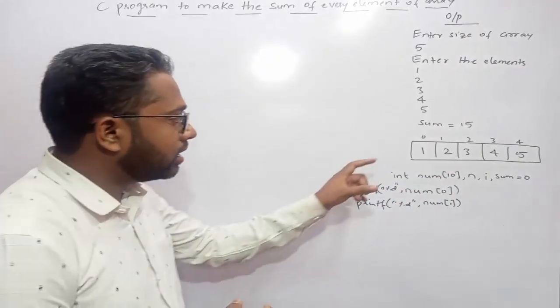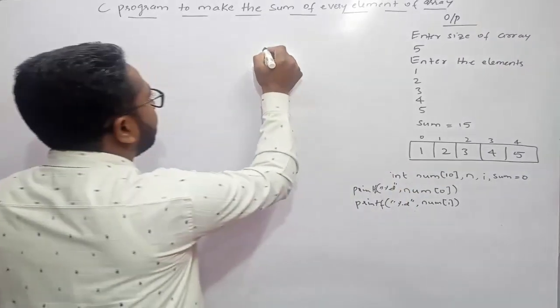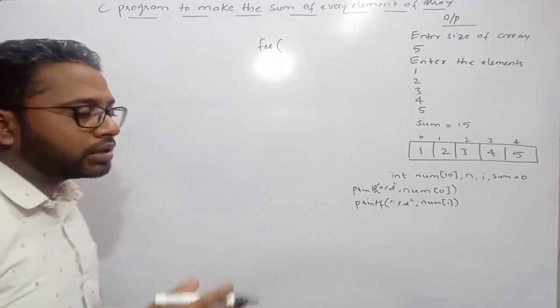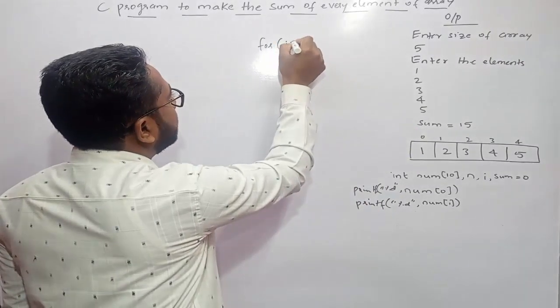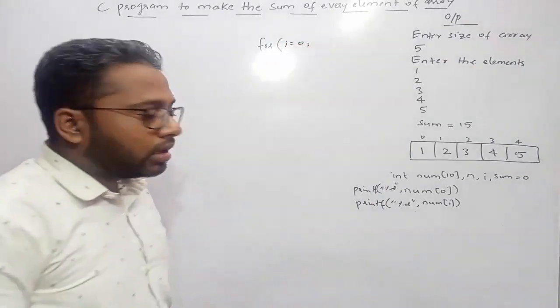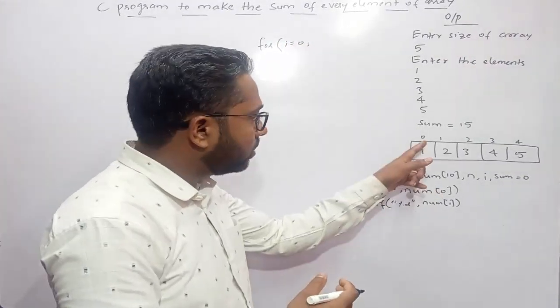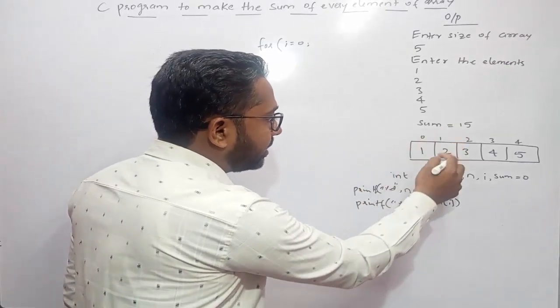That means I can access each and every item of this array with the index. Similarly, if I want to make the addition, then I just need to use the for loop, and I should start this for loop from the starting value i equals 0. Now I will start accessing each item of the array from the starting index 0, then I will move on to the next index.